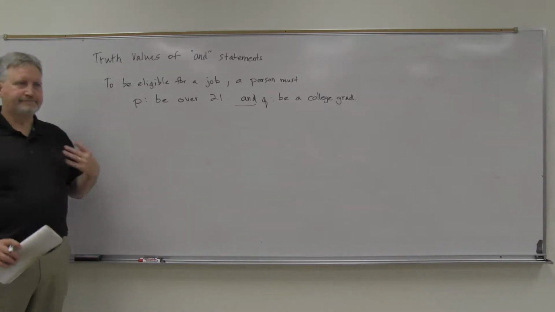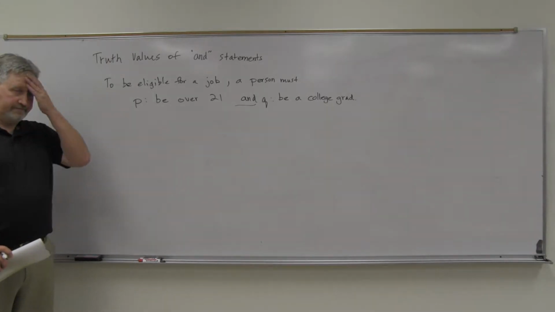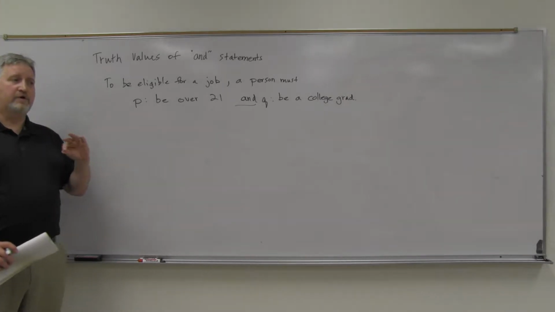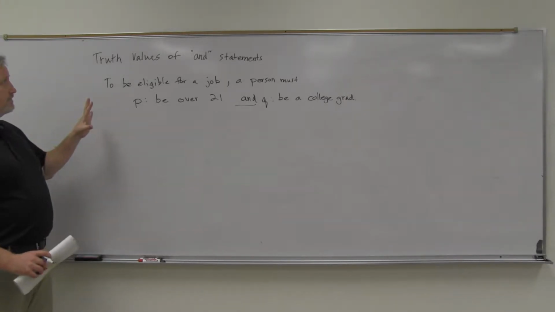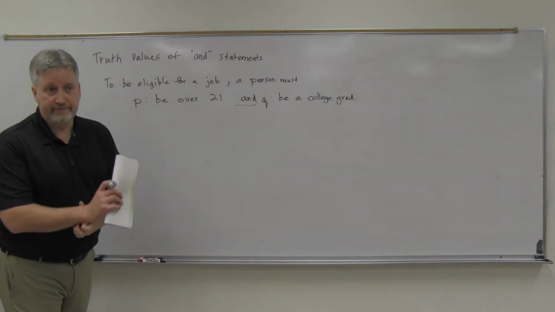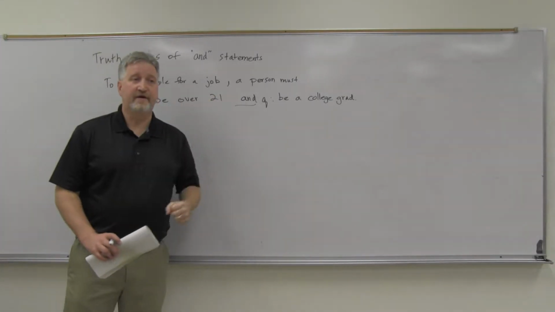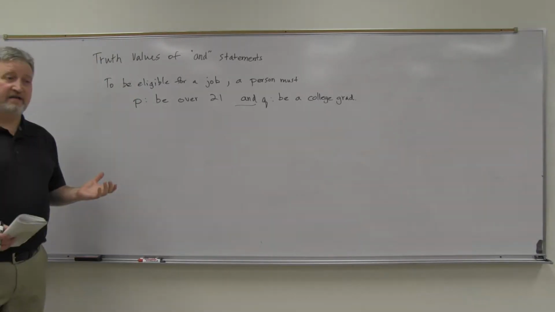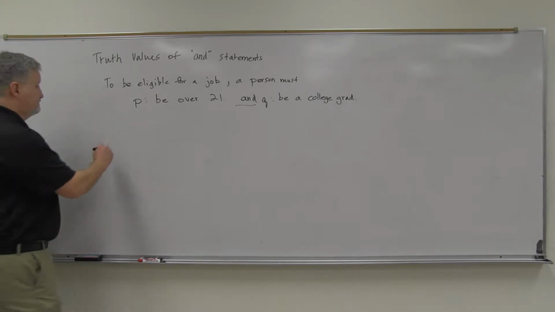Okay? Now, a bit of notation. The way we're going to do this is we're going to look at whether or not different people that come in with different qualifications are eligible for this certain position. So I'm going to organize that in a little table here.